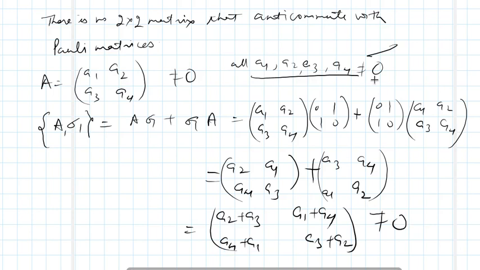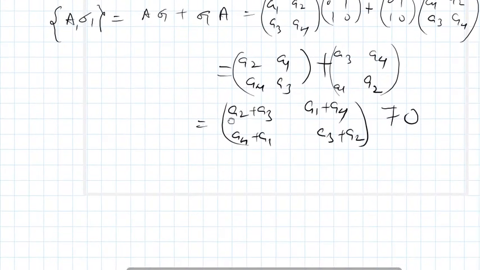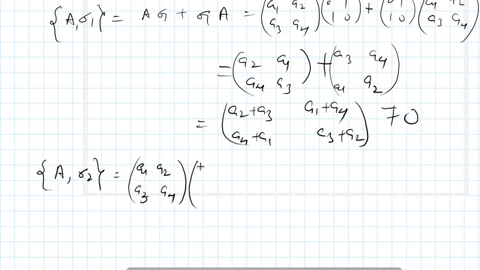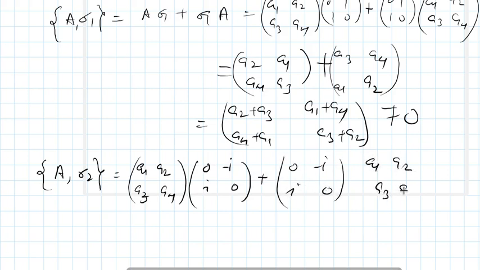Similarly, for the second part, I will start with the anti-commutator {A, sigma 2}, which is [[A1, A2], [A3, A4]] times [[0, -i], [i, 0]] plus [[0, -i], [i, 0]] times [[A1, A2], [A3, A4]].